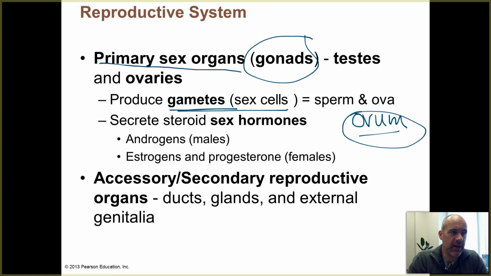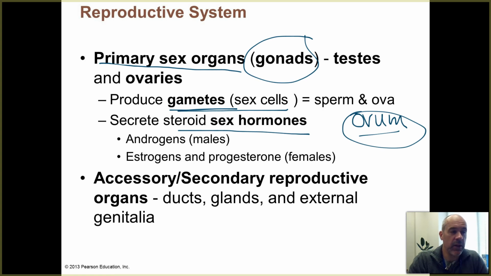Also, your primary sex organs in males and females secrete the vast majority of the sex hormones, which are also called steroid sex hormones because they're part of the steroid class, if you remember that from the very beginning of the semester. Steroid sex hormones are hydrophobic and they're derived from cholesterol molecules. They're modified cholesterol molecules.